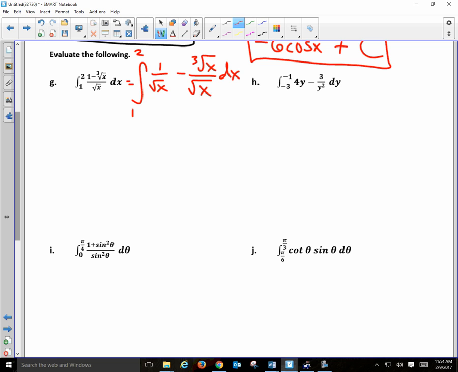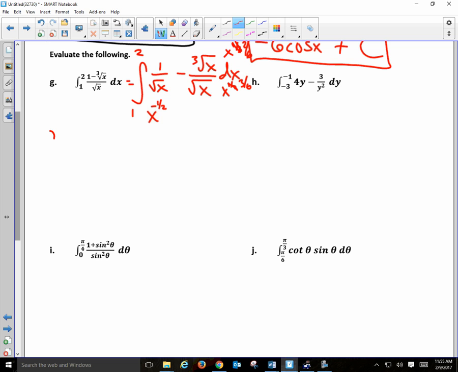So this would be x to the negative 1/2, correct? And this is x to the 1/3 over x to the 1/2. How do I do that? x to the 1/3 over 1/2. x to the 2/6 over x to the 3/6 would make what? x to the negative 1/6, or 1 over x to the 1/6, right?